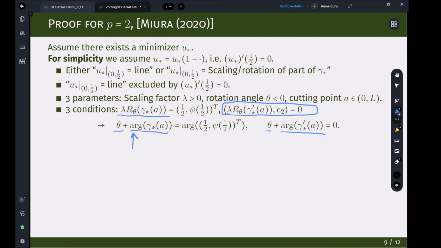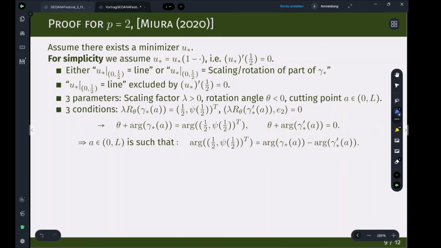And with those equations, you can eliminate theta here, because you have an explicit expression for theta, and you only get something that only involves A, namely the argument of 1/2 and psi1 of 1/2 transposed has to be equal to this difference.